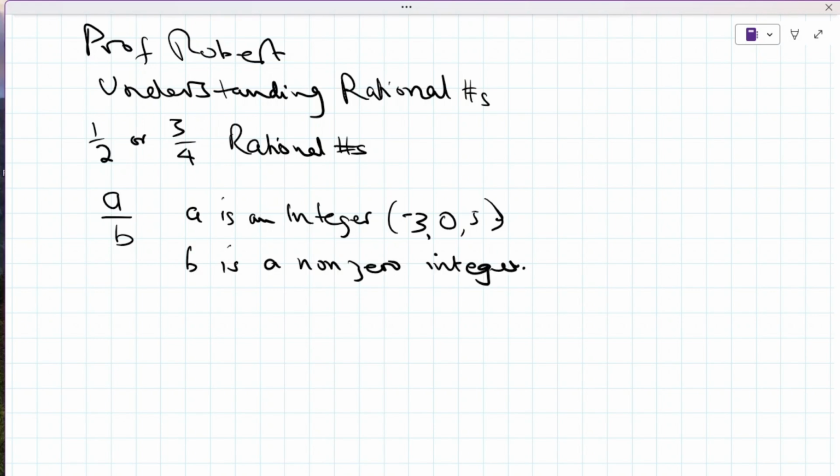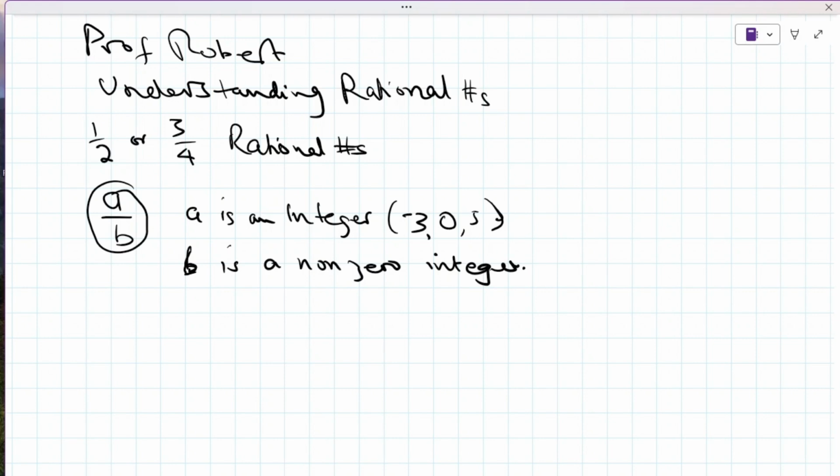B cannot be 0 because any number divided by 0 is so big that we can't determine its value. So as long as B is not 0, then this number A divided by B is called a rational number.